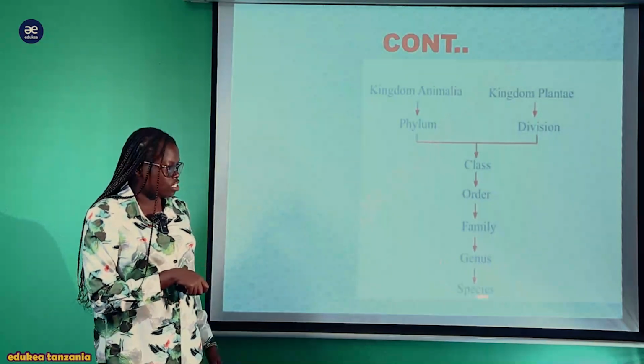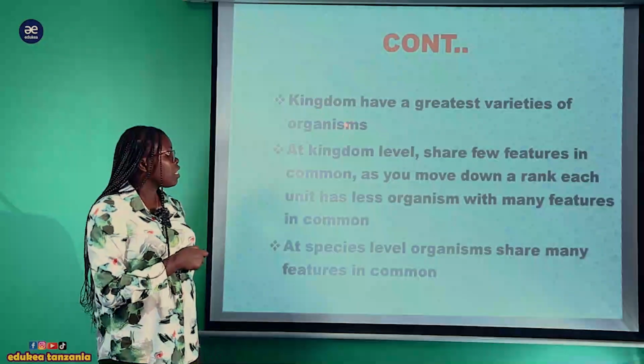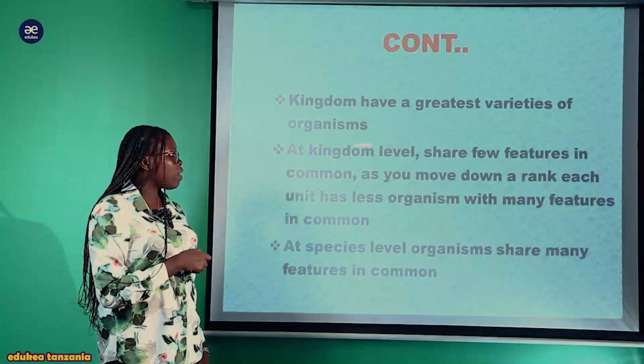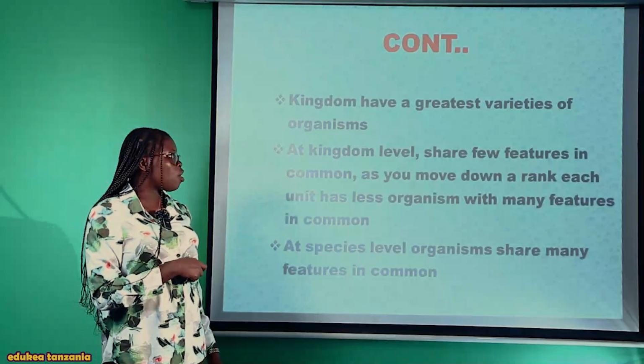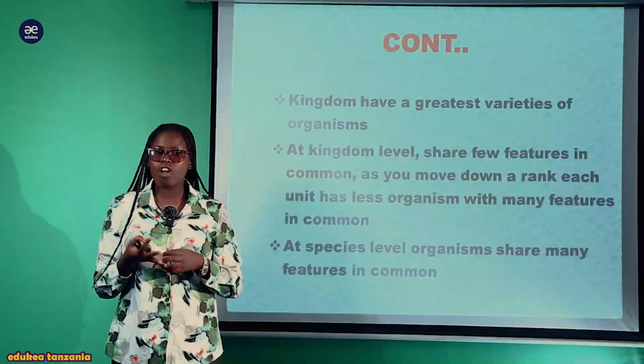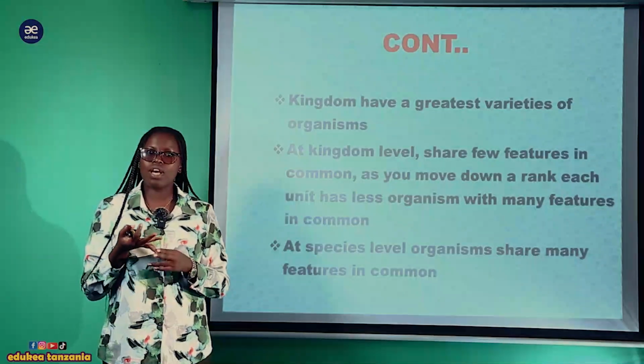So kingdom has the greatest variety of organisms, and at kingdom level they share few features in common. In a kingdom there are various kinds. For example, in Kingdom Animalia we have reptiles, amphibians, birds, human beings, and also mammals.